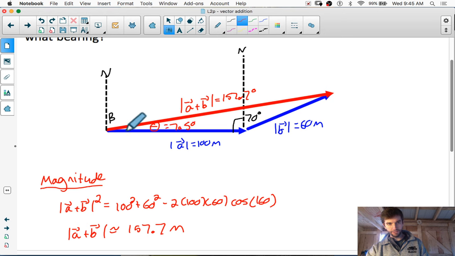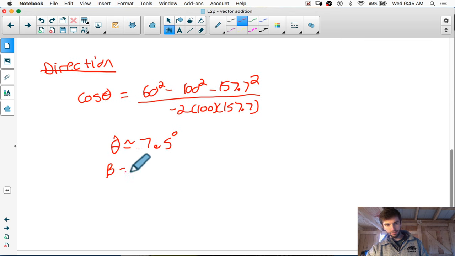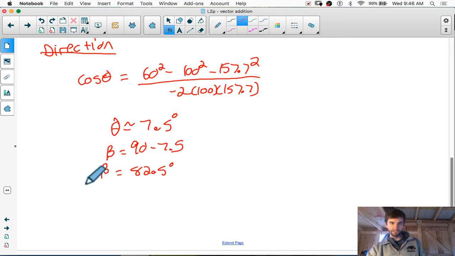But we're interested in this angle here. Well, I know those two angles add to 90. Therefore, beta equals 90 minus 7.5. So it's 82.5 degrees. So when describing the direction, I could say north, 82.5 degrees east.